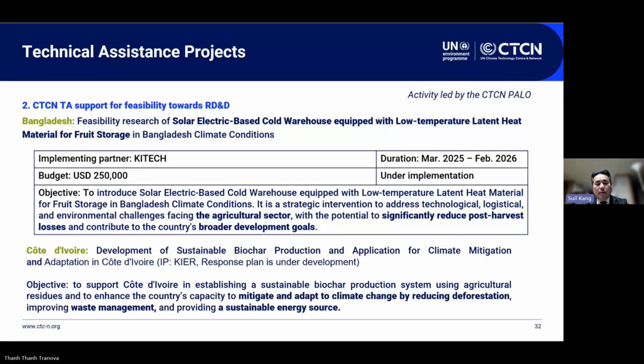So the second track under the cRD&D TA project is CTCN TA support for feasibility toward later RD&D activities. In the case of Bangladesh, it was already submitted to CTCN, and KITECH is the implementing partner for the solar PV-based cold storage facility. It will be implemented until February next year.